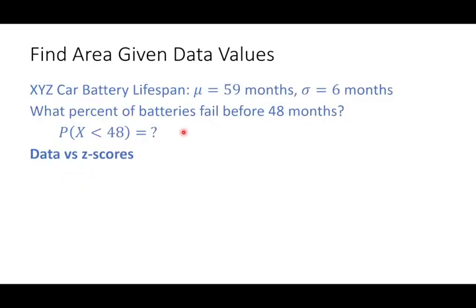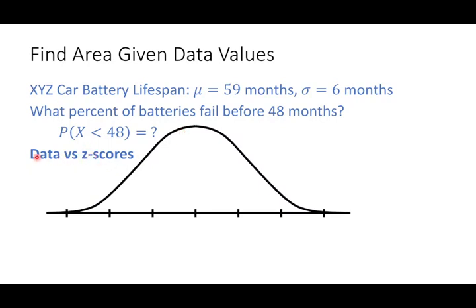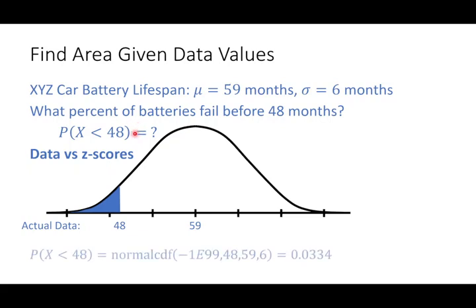In this slide, I'm going to show the relationship of z-tables versus z-scores versus actual data. So the way we did the actual data, we put the actual mean there, we put our value of interest, and we shaded it in a direction that matches what we're trying to find. That was found with normal CDF. In terms of z-scores, the mean is always a z-score of 0 because it's 0 standard deviations from itself. And the value we're finding is, in this case, negative 1.8 standard deviations below.